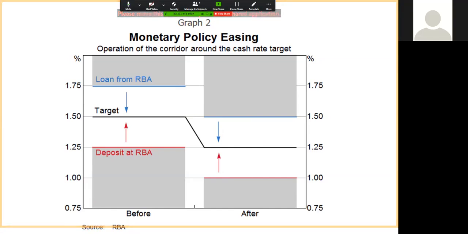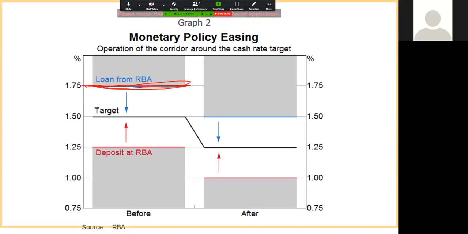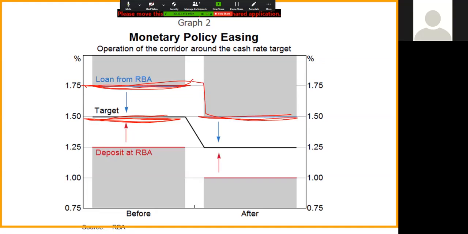If your visual senses are good, maybe you would be more comfortable learning it this way. You could see this was a higher interest rate before. And then it wanted to set a lower target. So what it did was it actually reduced it. And from here, it actually increased it.